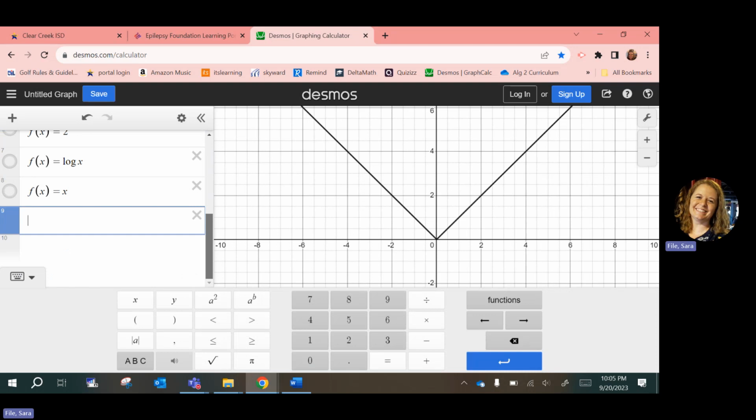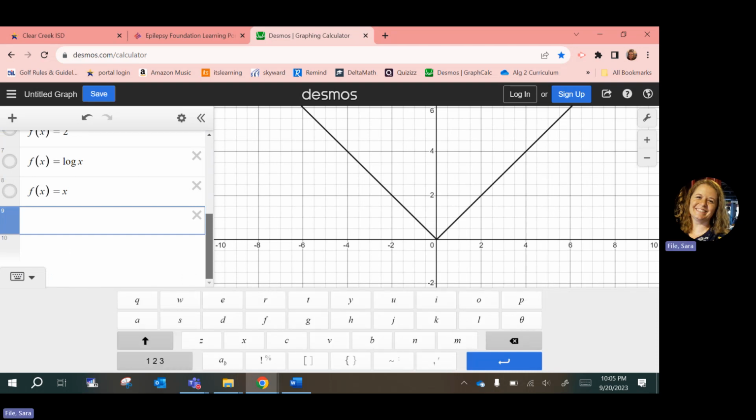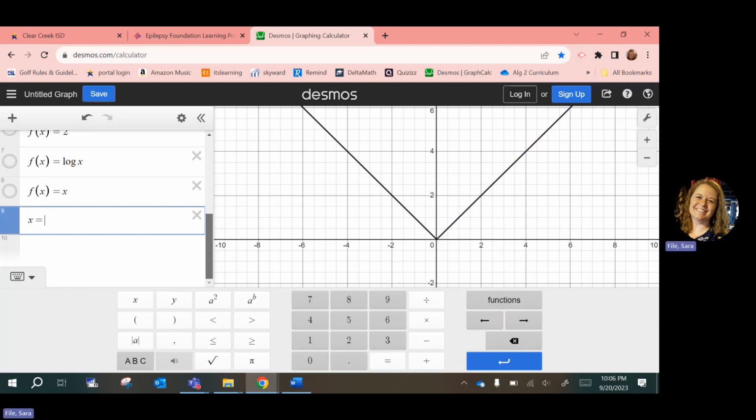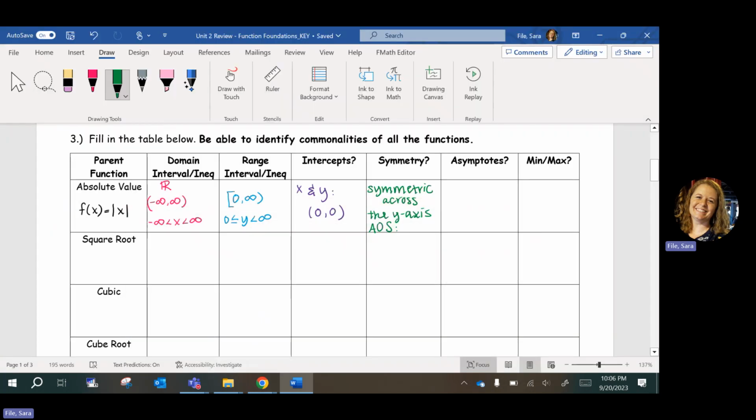So I could say x equals 0, and that purple line popped up, and you can see that is my axis of symmetry, my AOS, that this is reflected across. So your AOS is x equals 0. If you're not sure if it's x equals 0 or y equals 0, or you get confused, go to Desmos and check it out.